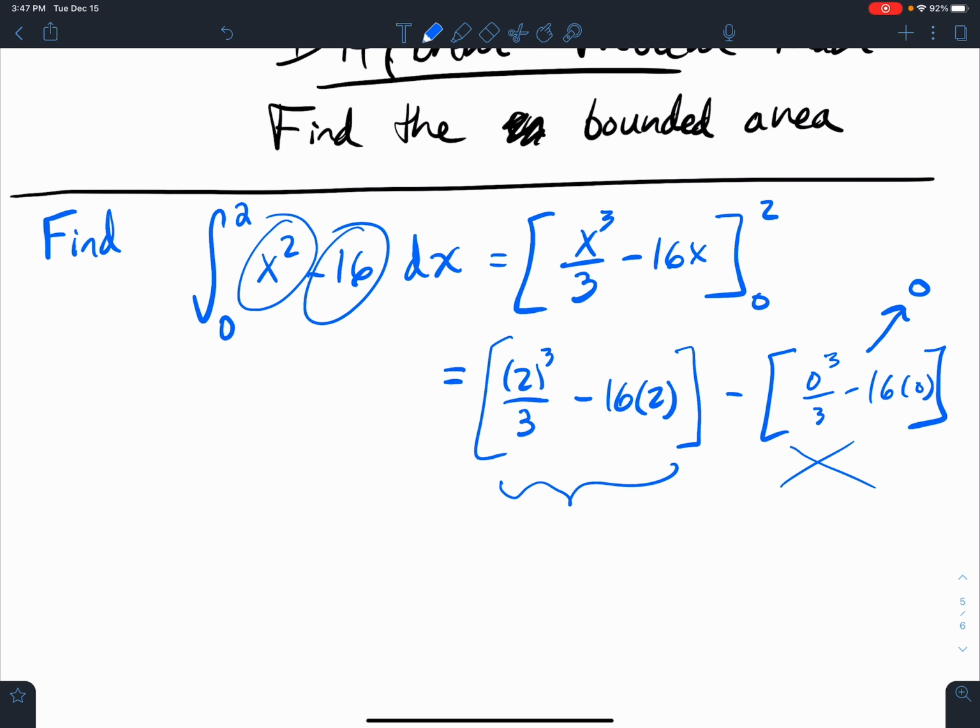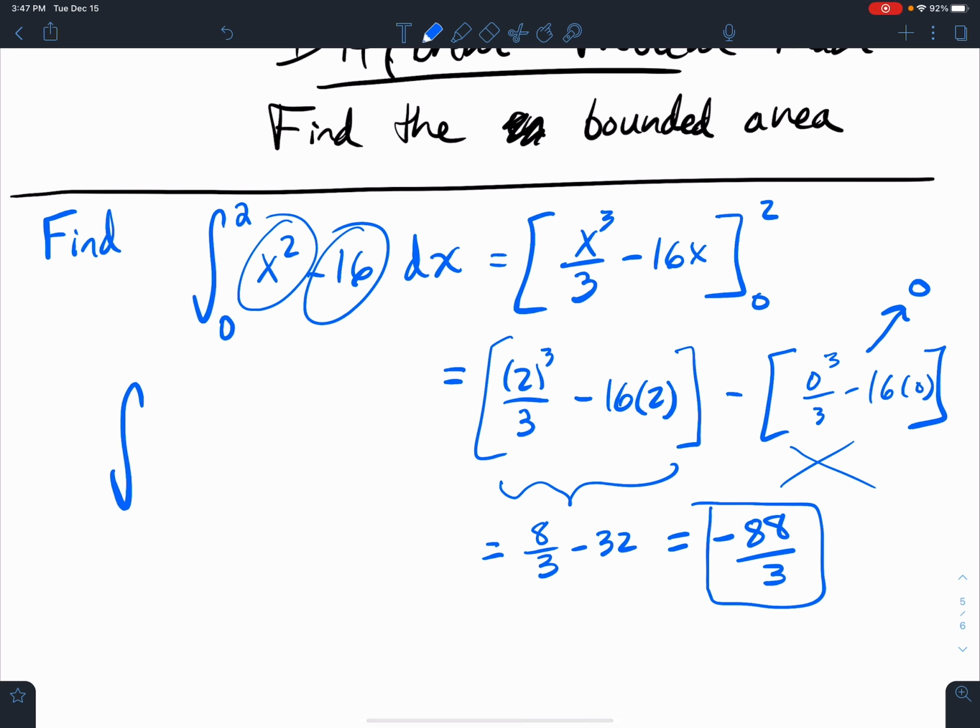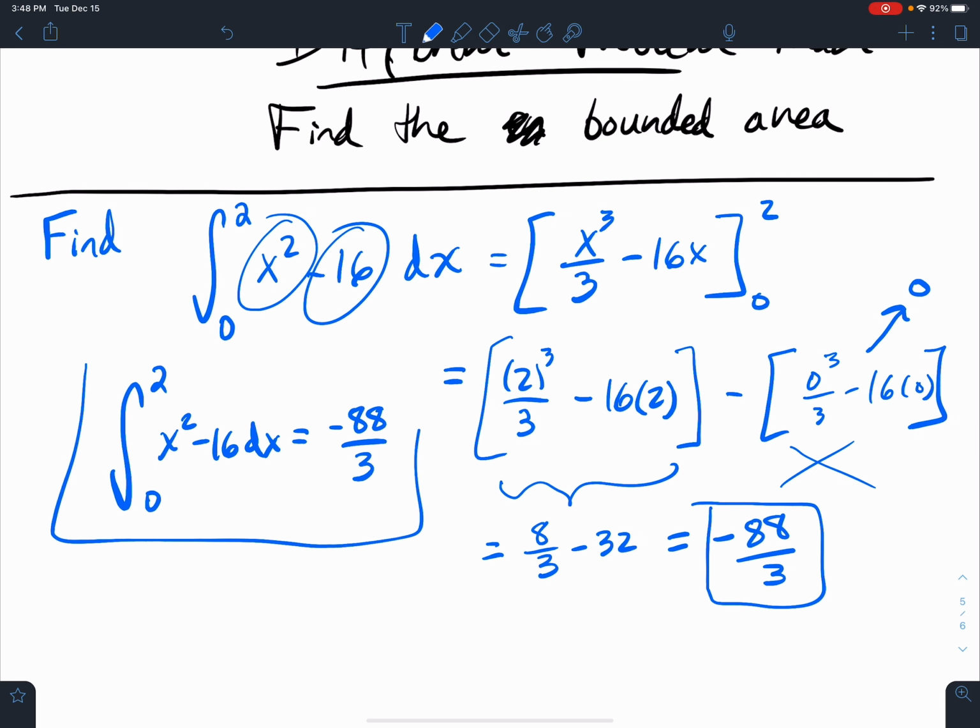I have 8 over 3 minus 32, which ends up being negative 88 over 3. Okay, so that's the definite integral there. So the integral from 0 to 2 of x squared minus 16 dx equals negative 88 over 3. Okay?